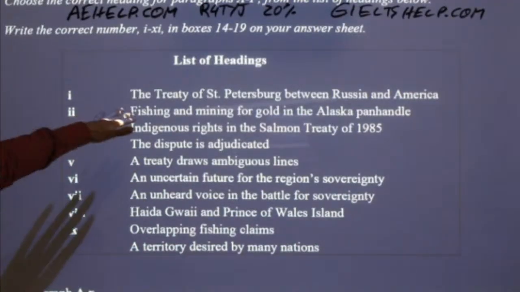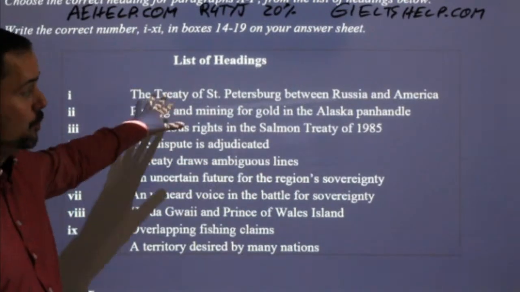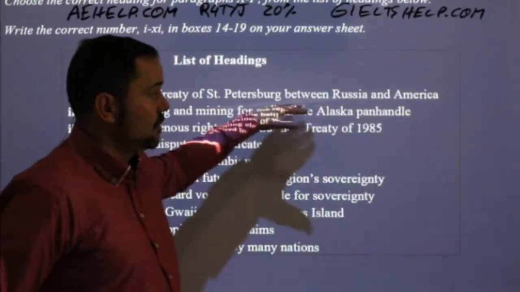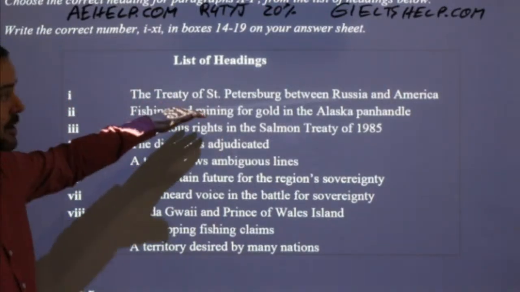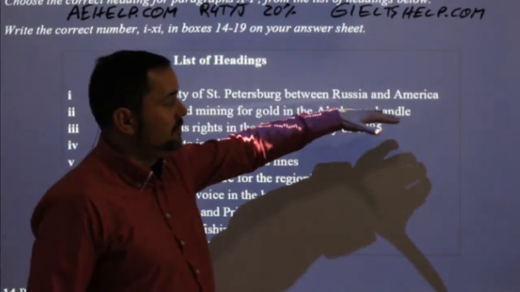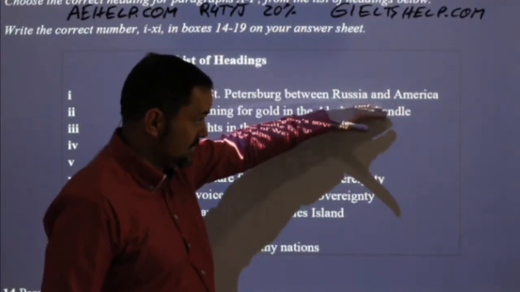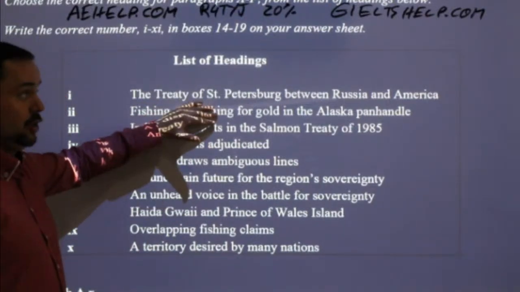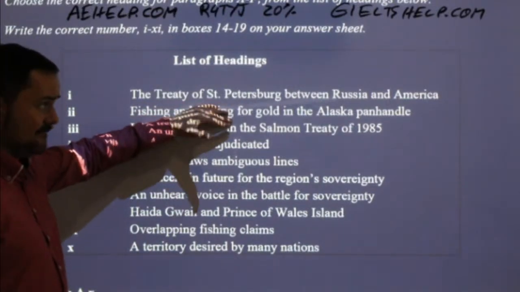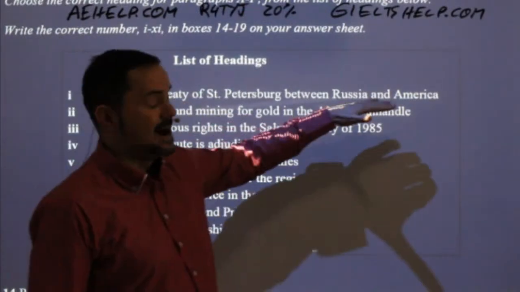And when we're looking at the list of headings, at home, we always want to paraphrase them on the paper so that we can think about it in different ways, because often we will see the information with different words in the paragraph. In the real exam, you don't have that much time, so you just paraphrase in your mind.